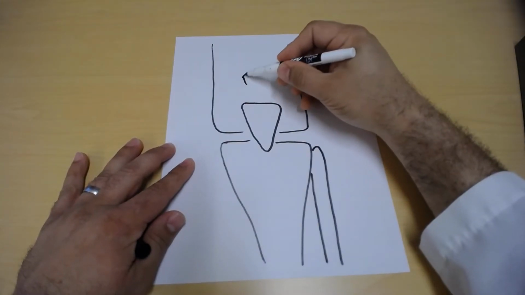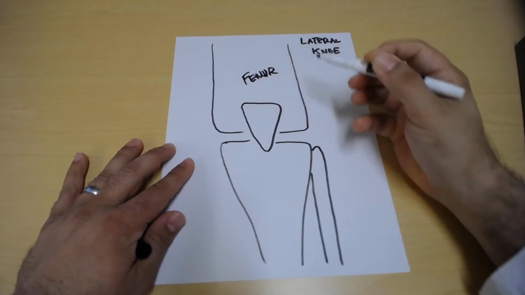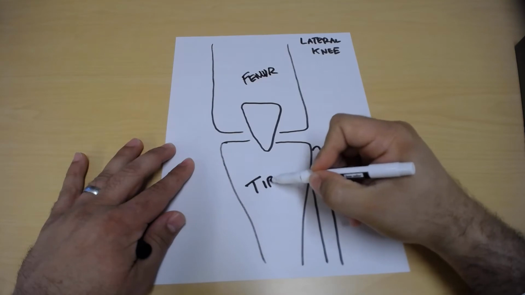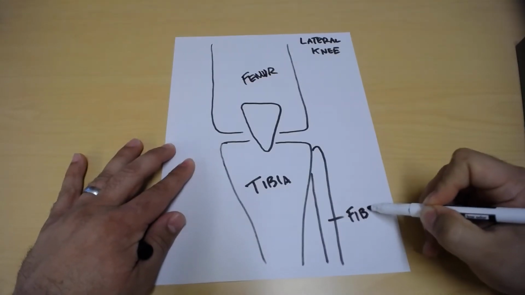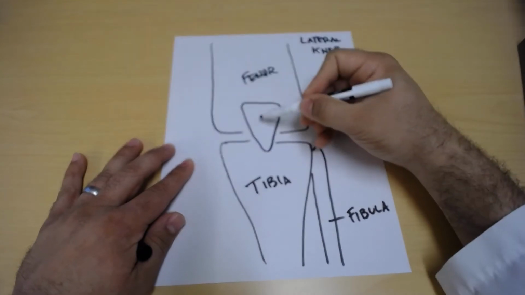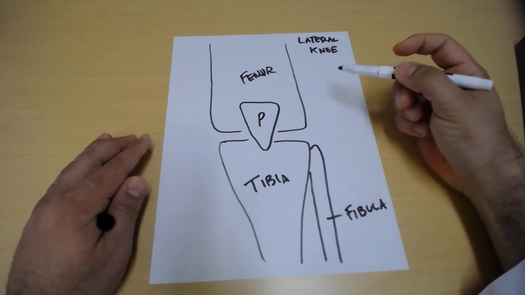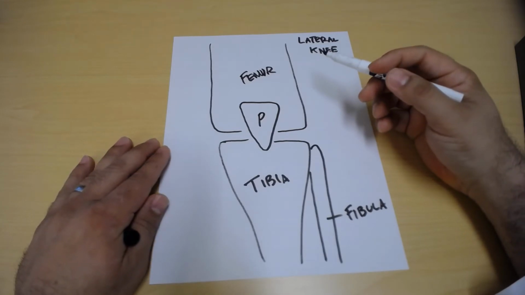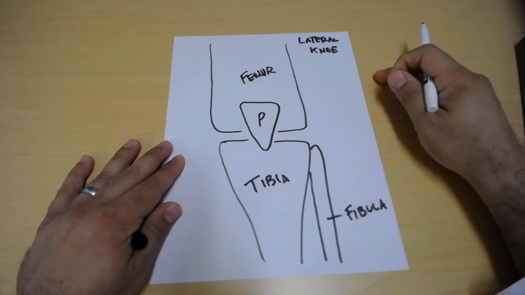Once again, here's your femur, tibia, fibula, and patella. Along the lateral knee, there are basically three structures that we're going to spend a little bit of time with.